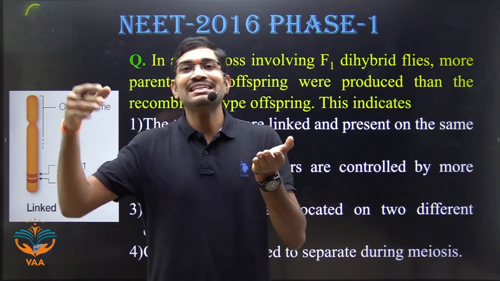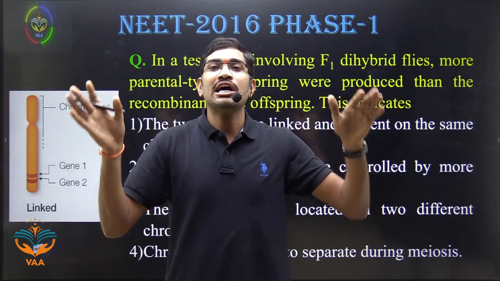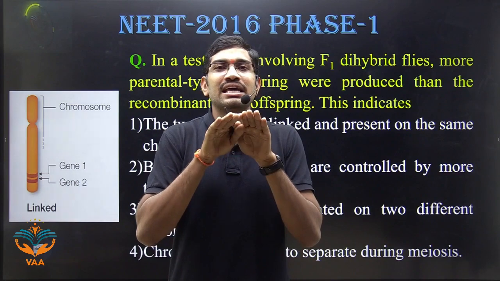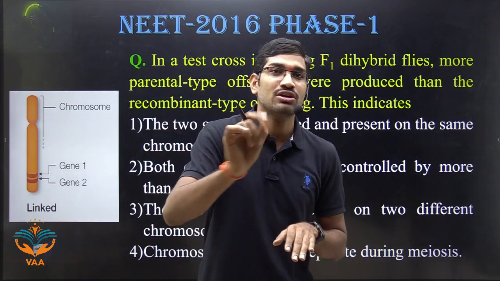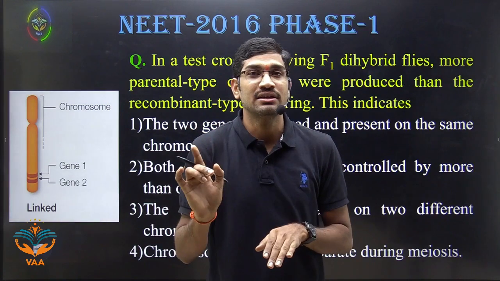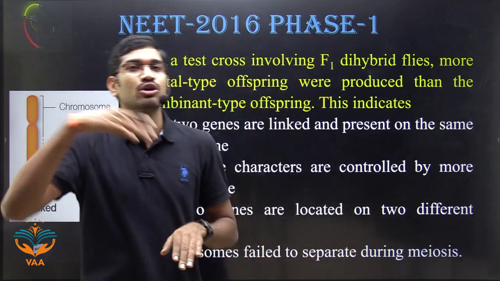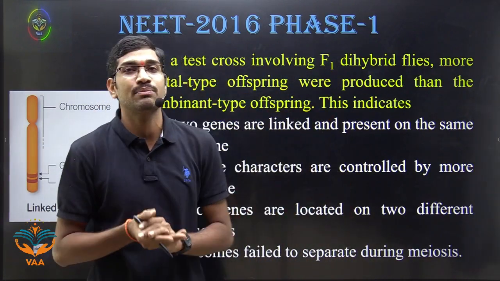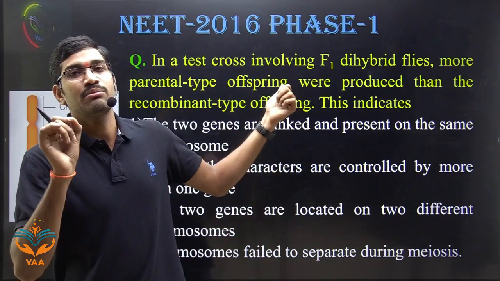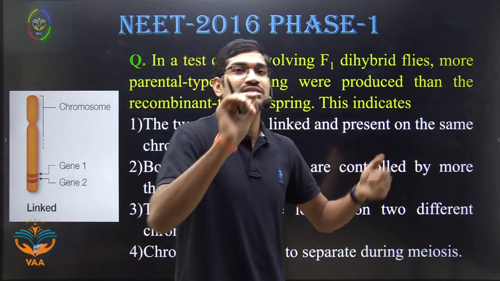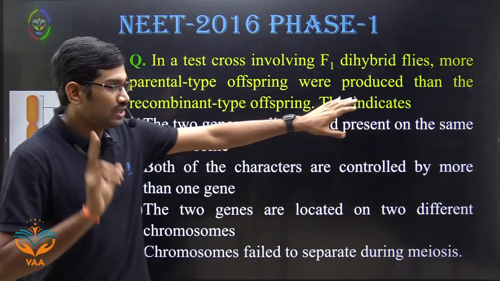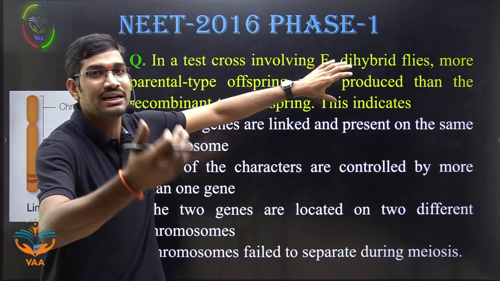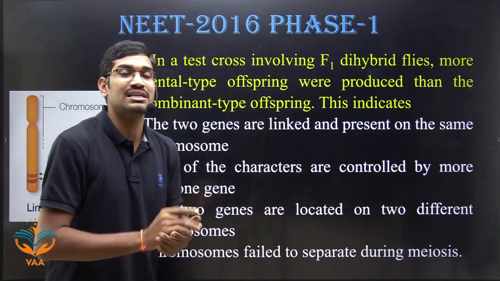Suppose parental and recombinant are produced in exactly the same ratio in a test cross. Please remember, in the test cross we are not talking about the F2 generation. In the F2 generation, definitely more parental and fewer recombinant will be produced. So here we are talking about the test cross. In the test cross, it is having the equal proportion for all these. So here what they are saying is more parental, fewer recombinant are produced. That means there is a linkage.